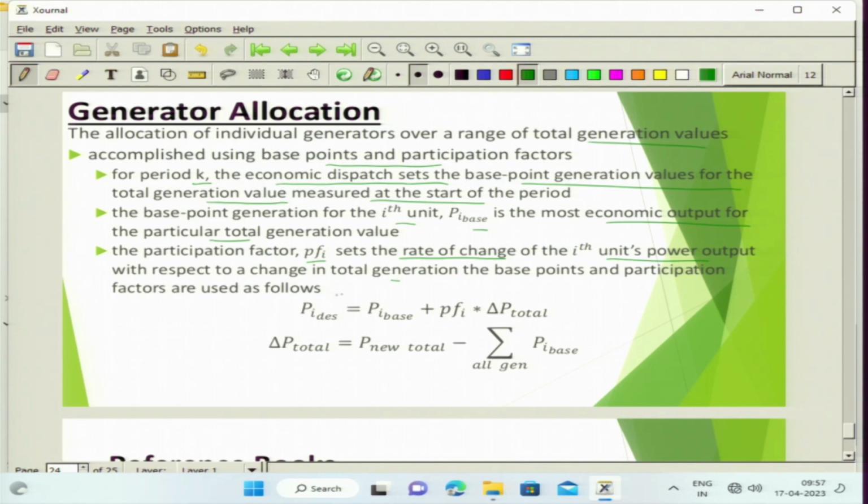The base points and the participation factors are used as follows. The base points come from ED, and because of PFI, the participation factors, this will meet the change in total load. So the total delta PT total is equal to P new total minus the summation of the base generations.